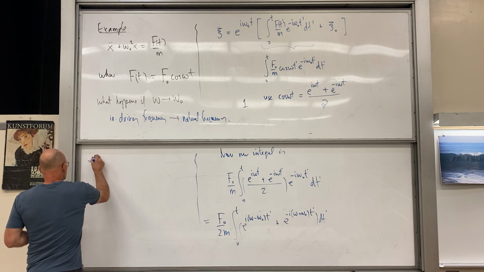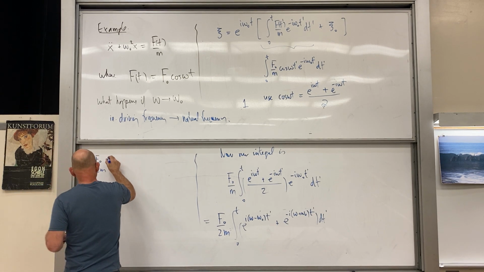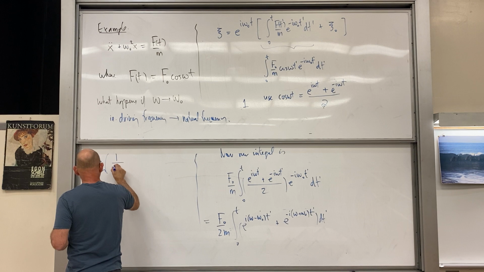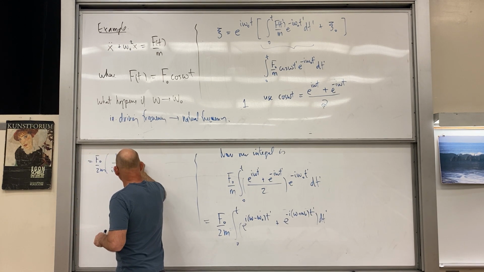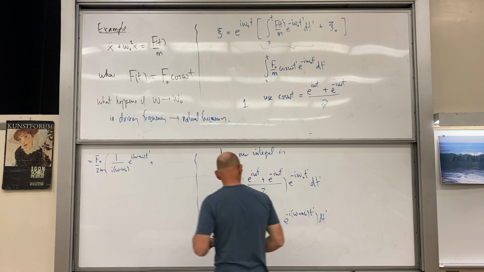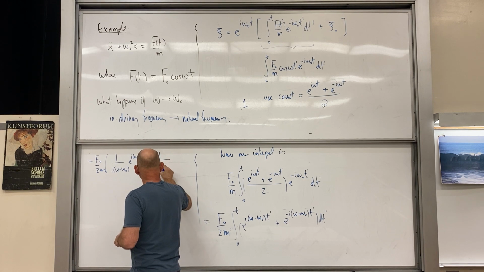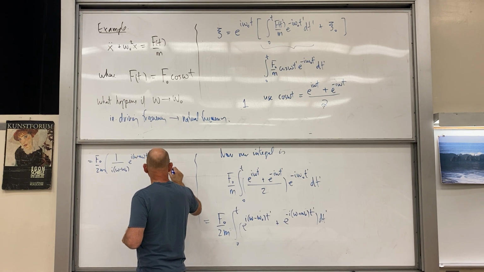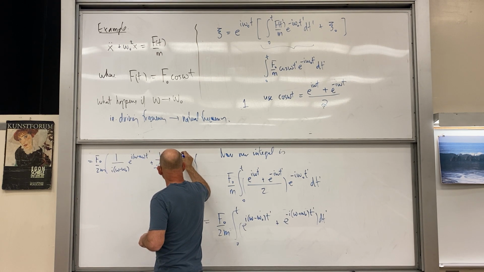So we've got our f naught over 2m, and the antiderivative 1 over I omega minus omega naught e to the I omega minus omega naught t, and then plus 1 over negative I omega plus omega naught e to the negative I omega plus omega naught t prime.